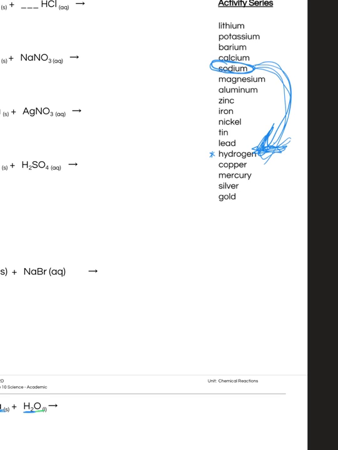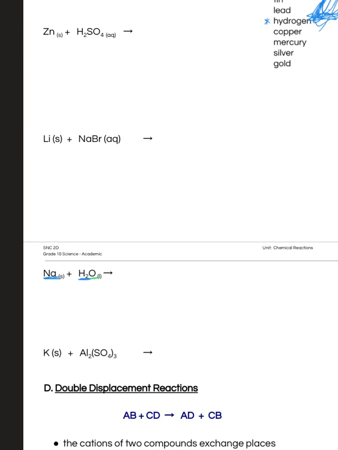What that means is that sodium has enough energy, enough power to displace, to basically knock hydrogen out of its spot. So I'm going to have my sodium here, and it's going to switch places with my hydrogen. My hydrogen is going to be left by itself, and then I'm going to be left with sodium oxide.